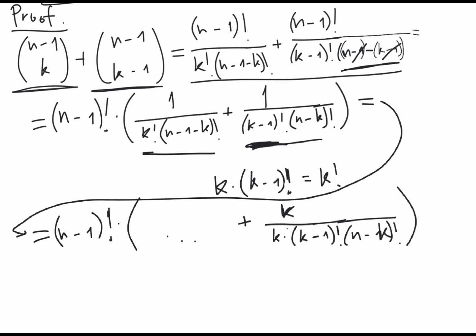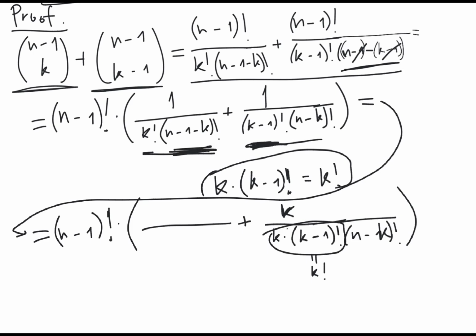So we multiplied both numerator and denominator by k, and because of this we have that this is equal to k factorial. Now in the first fraction, the second factor in the denominator is almost equal to the n minus k in the second fraction.